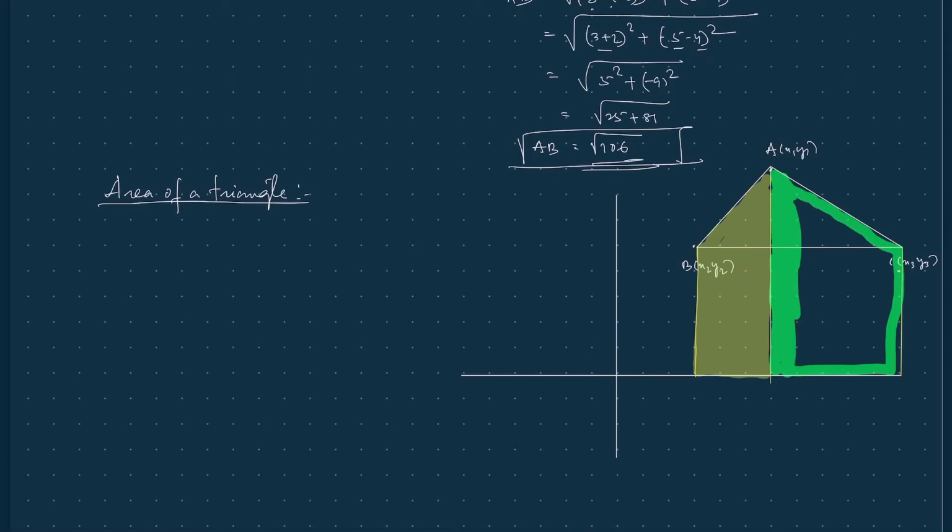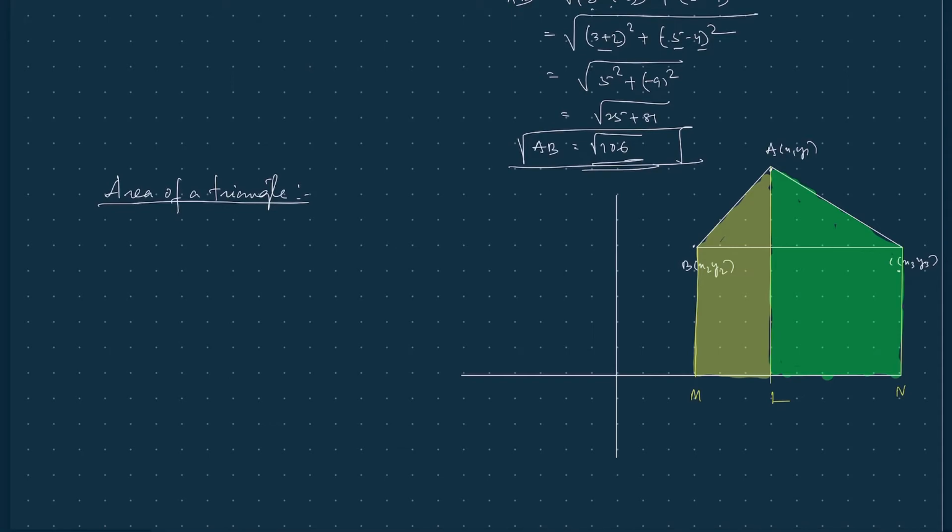From these I am going to name the points: this is M, this is N, sorry, M, L, N. There are two trapeziums.